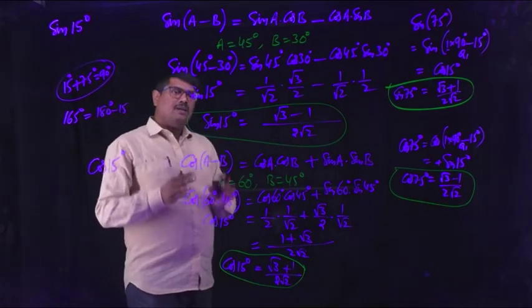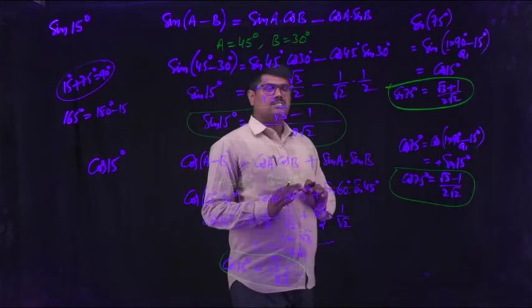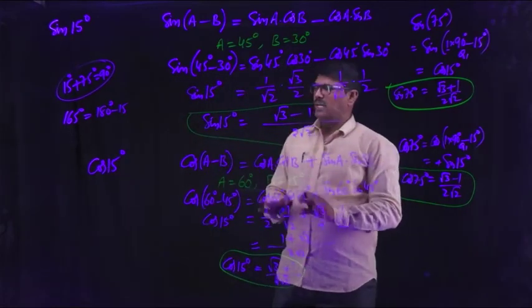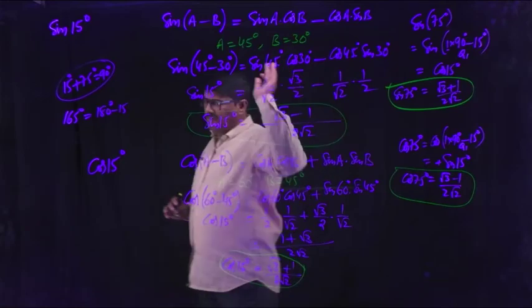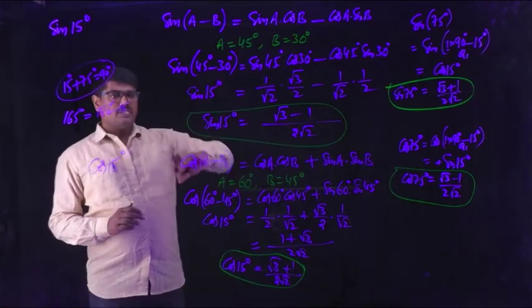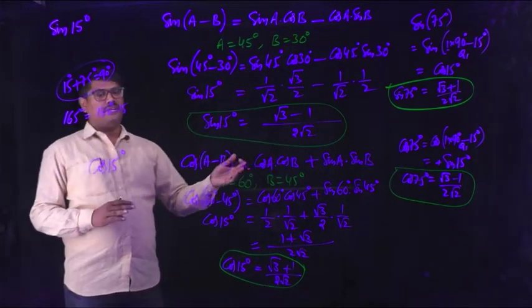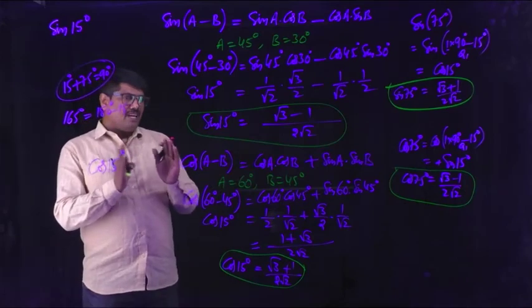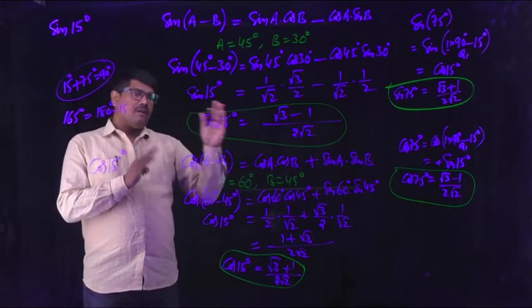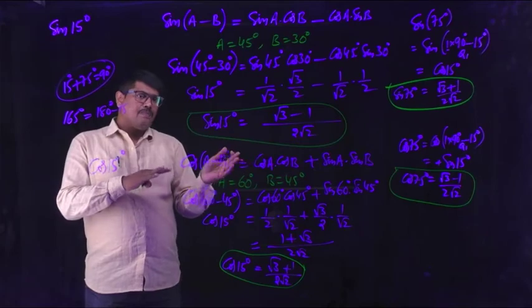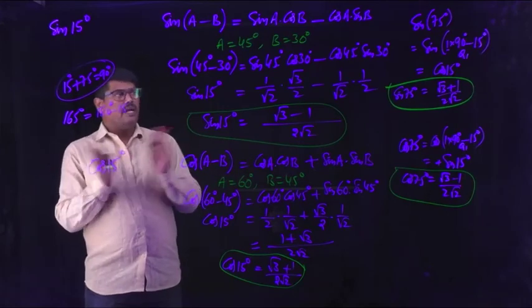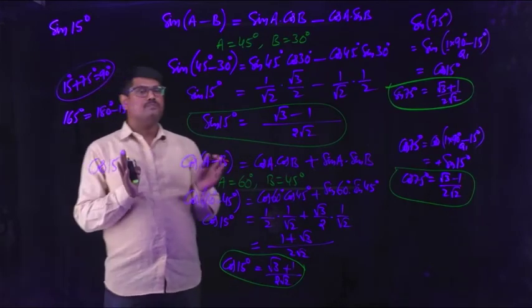So it is not only 15 degrees; whether 15 degrees is on the right side or left side of a quadrant angle, you can find those values also.